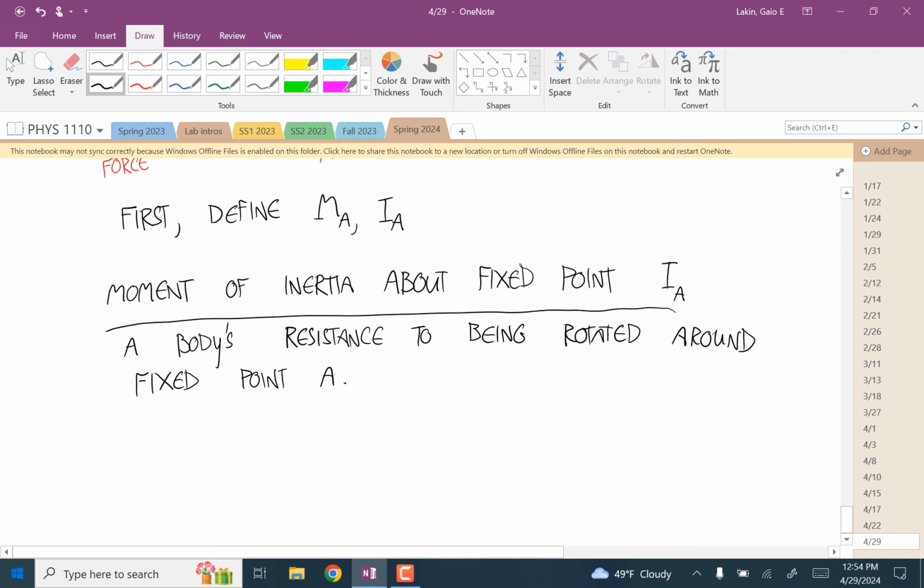Intuitively, what it takes to have a high moment of inertia is to have mass spread far out away from the fixed point, or mass distributed far from the fixed point.